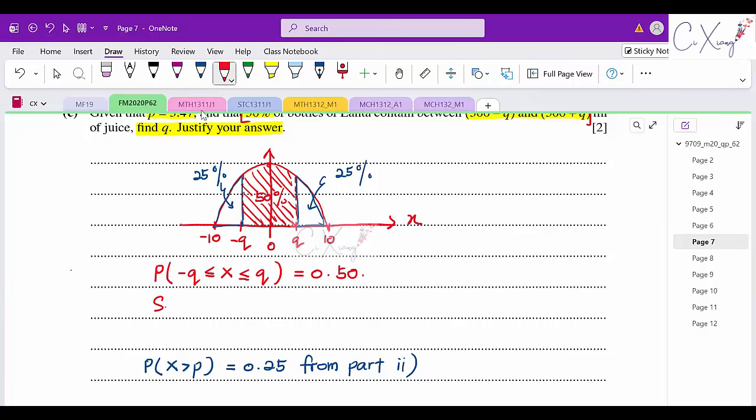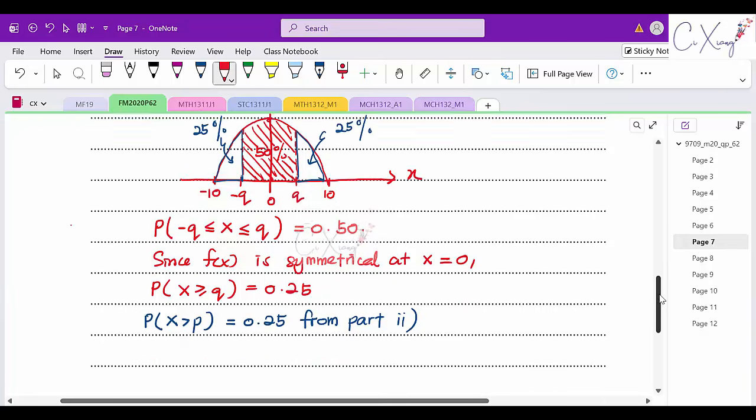Okay, and since the function is symmetrical at x equals 0, from this fact I can also write out the probability of x greater than or equal to Q is equal to 0.25.